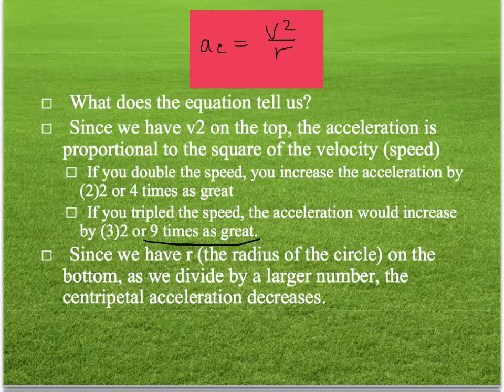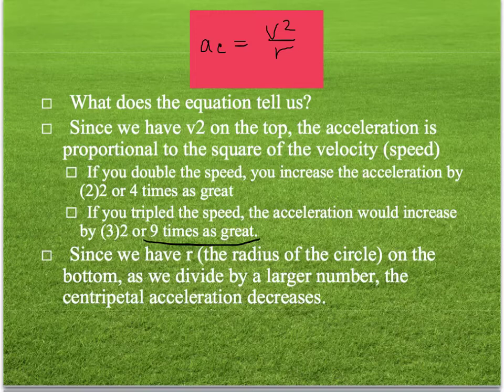And since r is on the bottom, if you're going to divide by a small number, you're making it a big number. So if we divide by like 0.001, our acceleration is going to be really large. If we divide by like 50, then our acceleration is going to be really small.